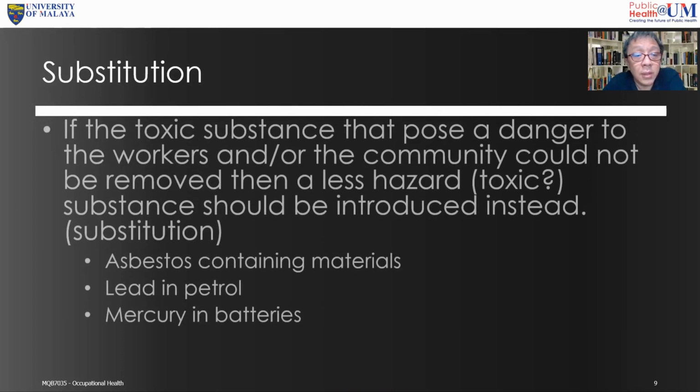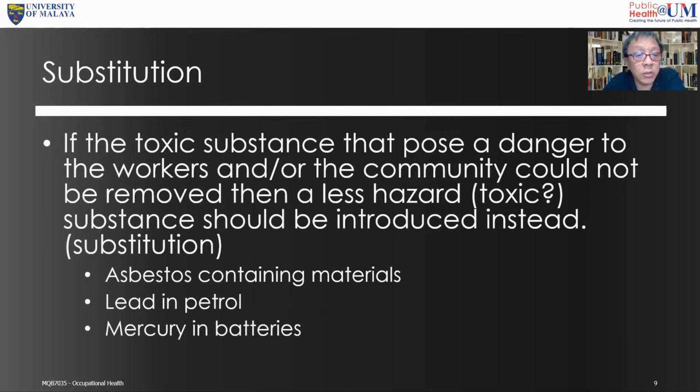Substitution means that if the toxic substance that poses danger to the workers or the community could not be removed, then we substitute it with a less toxic substance. Like what we do is we substitute asbestos containing material with other types of fibers, which are less toxic compared to asbestos. We substitute lead with other chemicals, which are less toxic compared to lead. And we substitute mercury in the batteries with other metals that are considered less toxic compared to mercury.